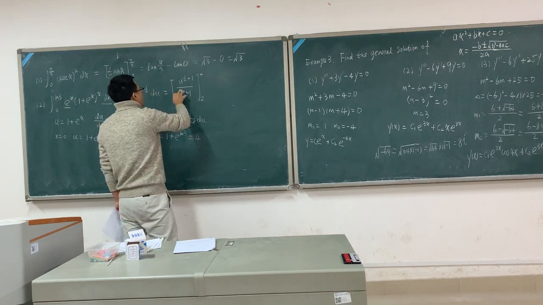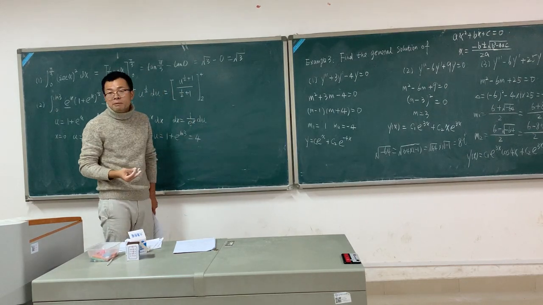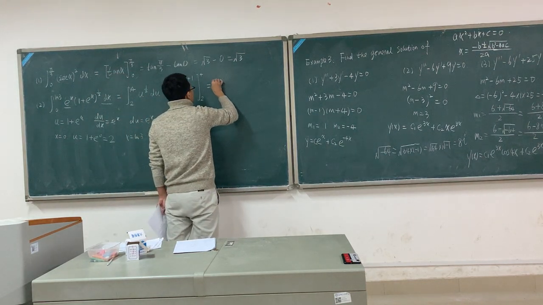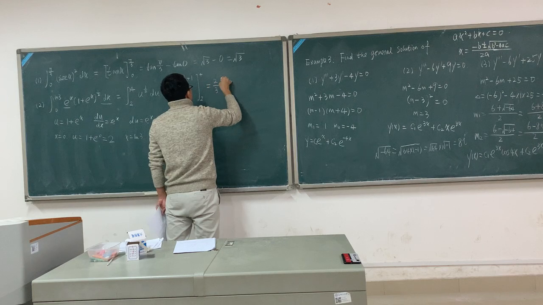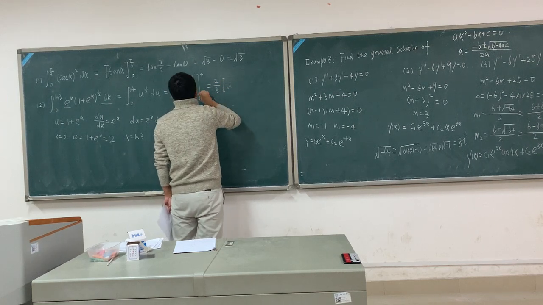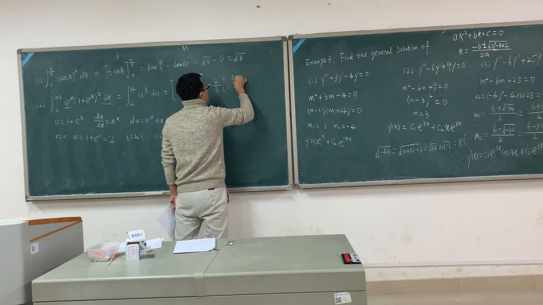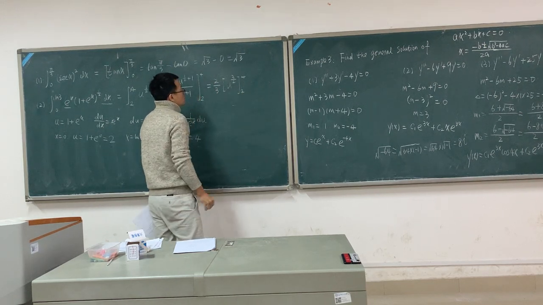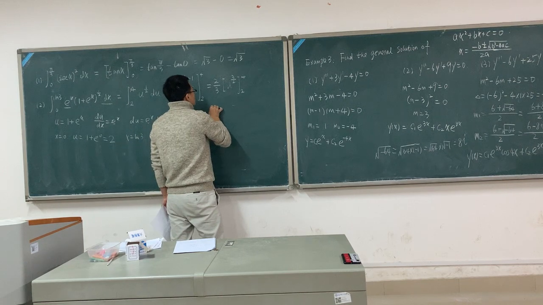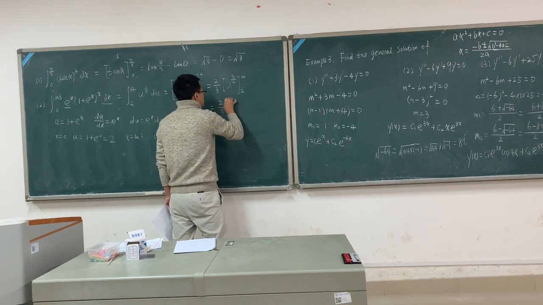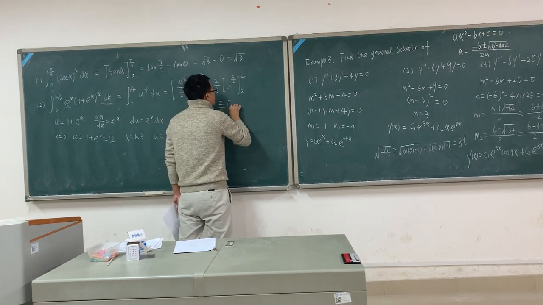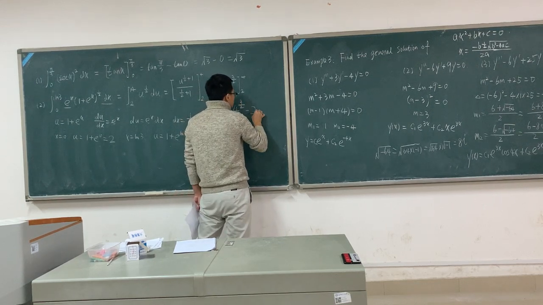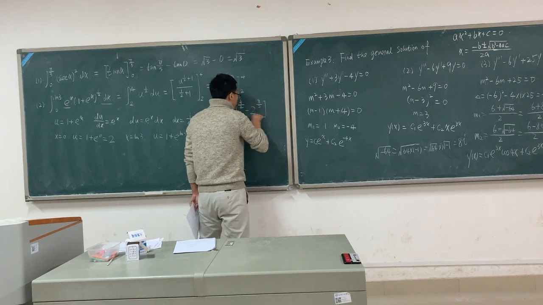Half plus 1 is 3/2, and 1 over 3/2 is 2/3. So we have 2/3 u to the 3/2 power, evaluated at 4 and 2. So the result is 2/3 times (4 to the 3/2 power minus 2 to the 3/2 power).